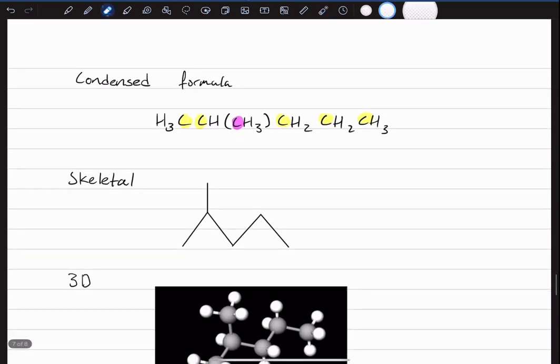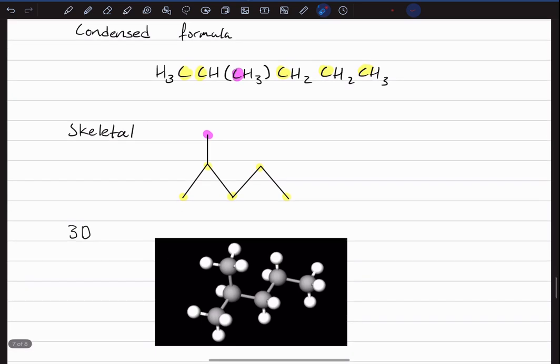Now we can see our skeletal structure with 1, 2, 3, 4, 5 in the main chain and another one in the branch. We know that this is the main chain as this is the longest carbon chain that can be seen, and this would not be the short one.